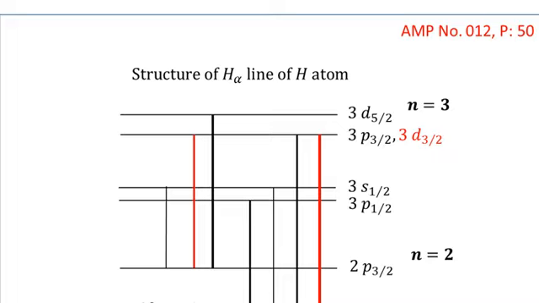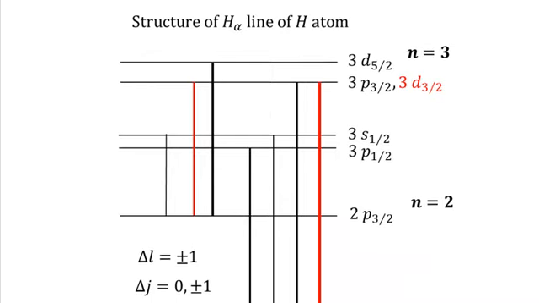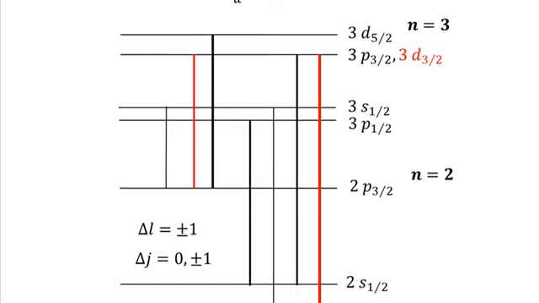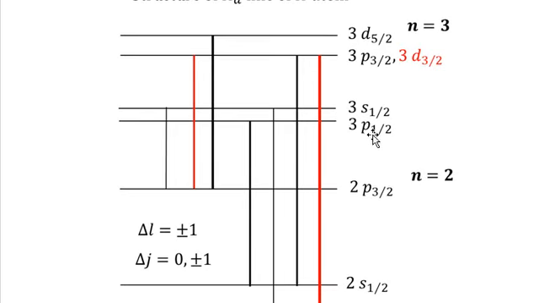But now in the presence of the fine structure and the Lamb shift, which I have discussed in the previous diagram, the transitions are shown over here between the n equals 3 level and the n equals 2 level. The n equals 3 level has these levels: p1/2, s1/2, p3/2, d3/2, d5/2.